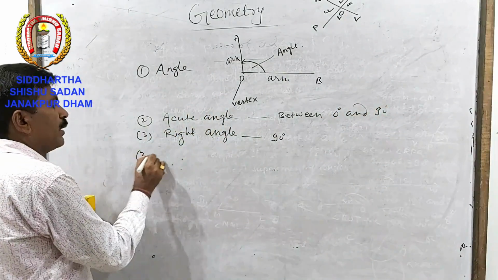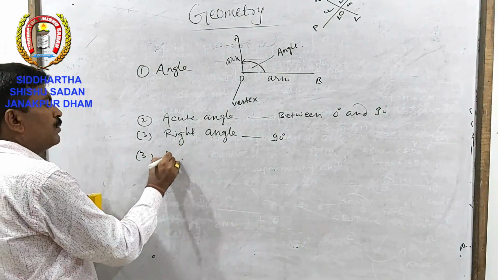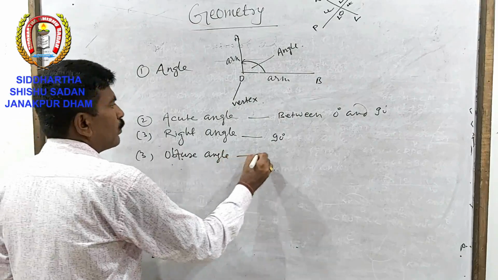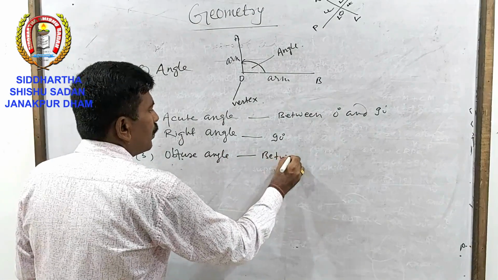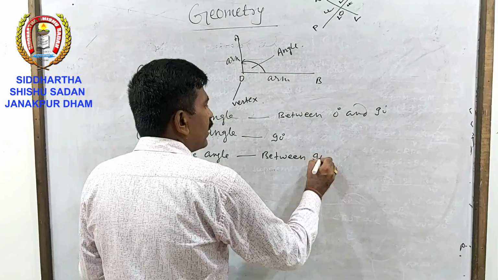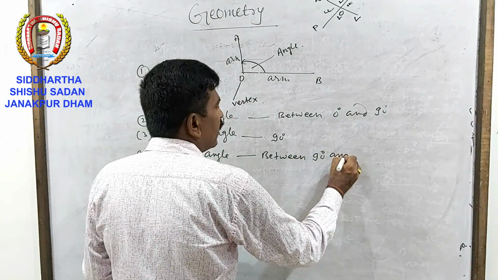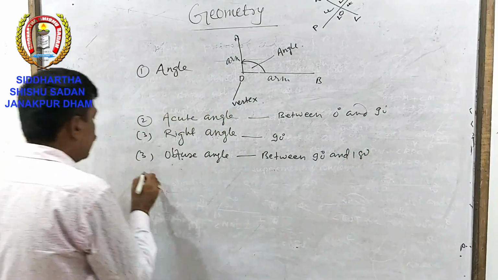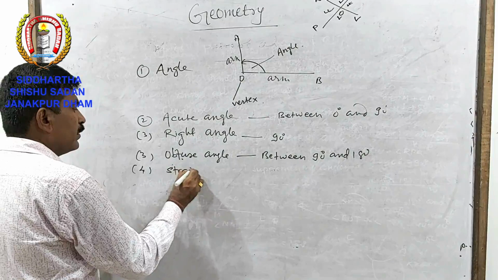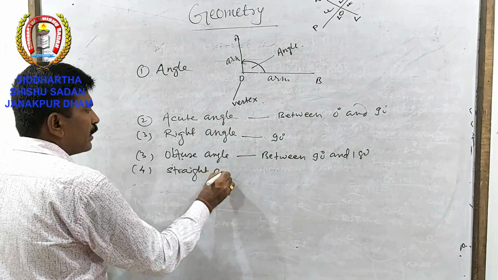Then number 3 we have learned obtuse angle. And what we have learned today? Obtuse angle between, tell me, 90 degree and 180 degree. Number 4, what we have learned? Straight angle.